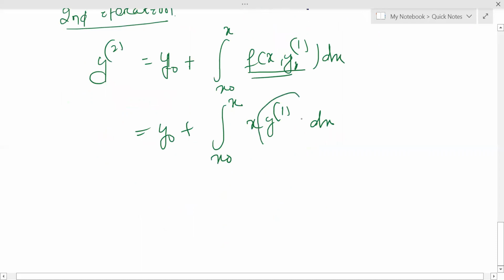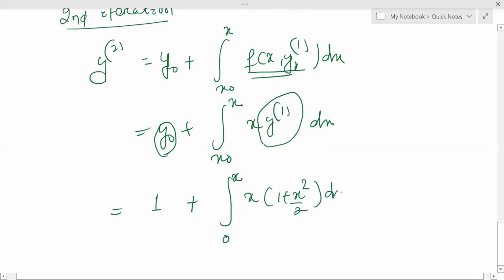Substitute this value of y1 and y0. This is 1 plus integration from 0 to x of x into 1 plus x square by 2 dx. This is y2. Then first integrate this function by separating these elements.